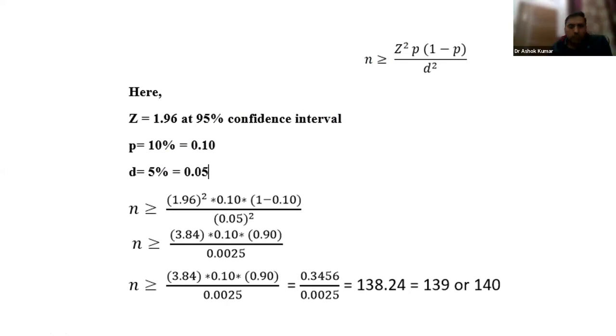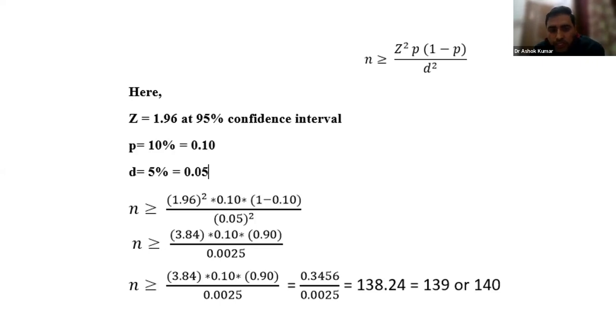This is our formula. We have to put in these values. This is Z square. The Z value is always 1.96, so you have to square it. Multiply by P, 0.10, multiply by, the star means multiply, in brackets 1 minus 0.10, where 0.10 is P, the prevalence.